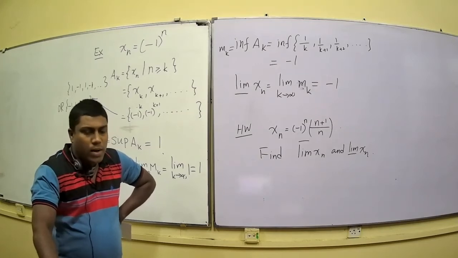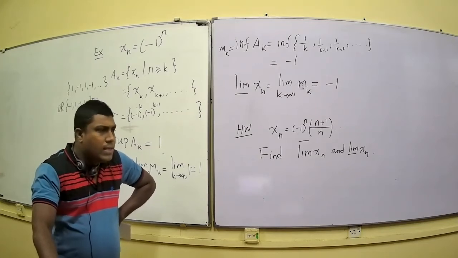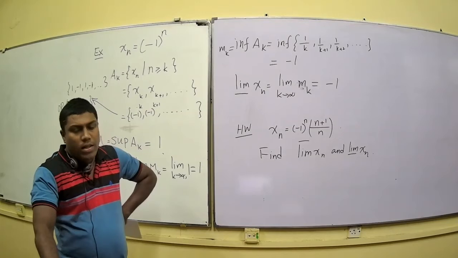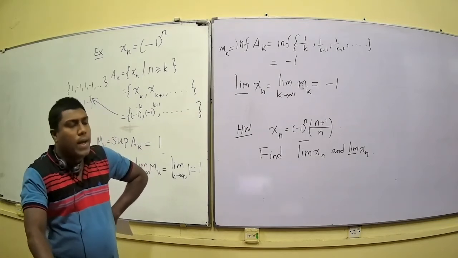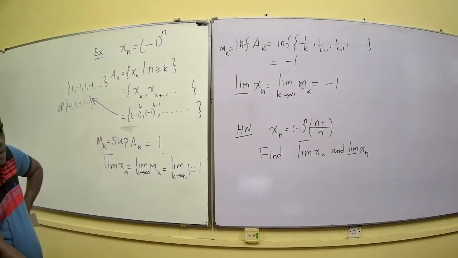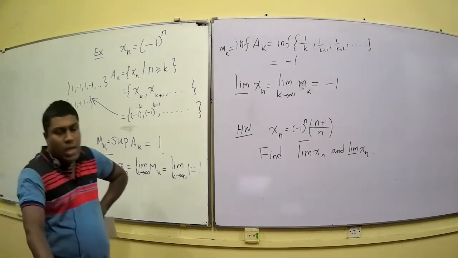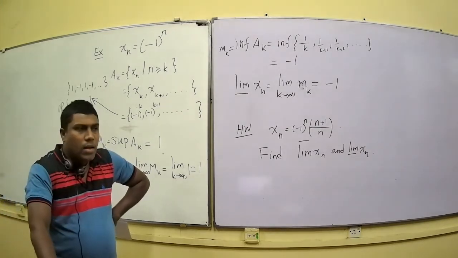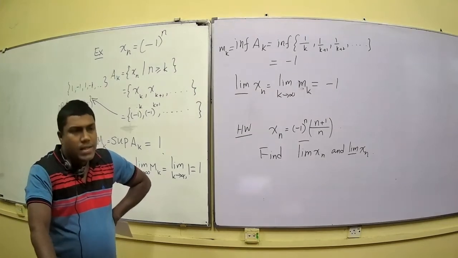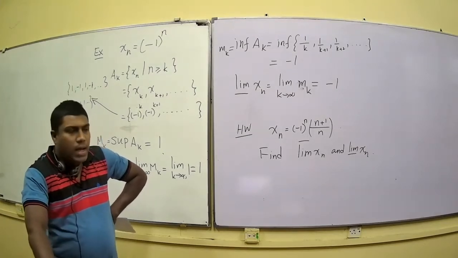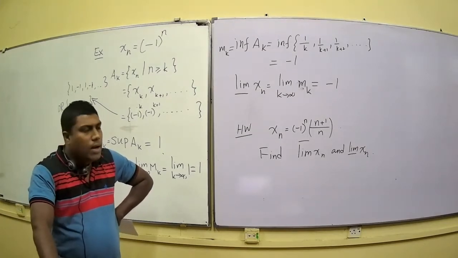So you can kind of understand that if the sequence has an upper limit, lim sup, and a lower limit, lim inf, and if they are equal, then it looks like the sequence has a limit, and the limit is the same as the upper limit and lower limit.